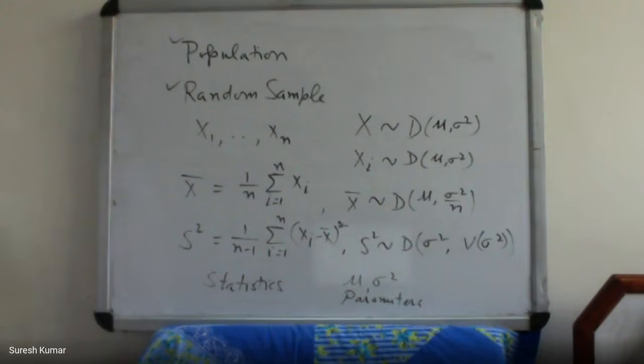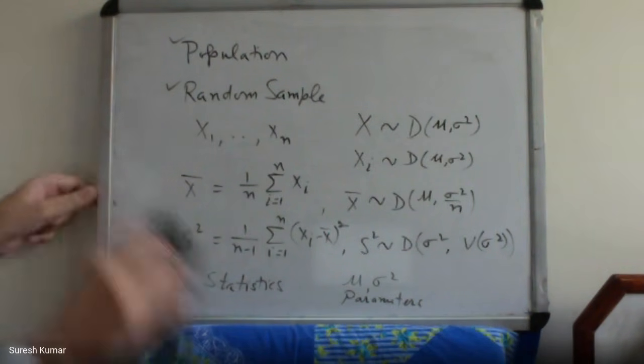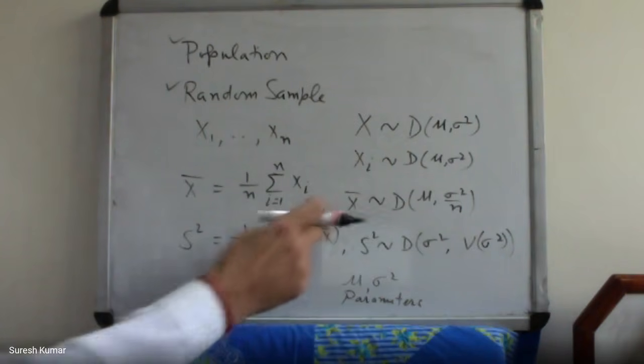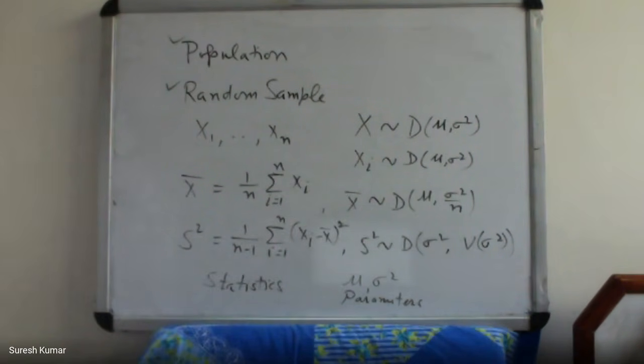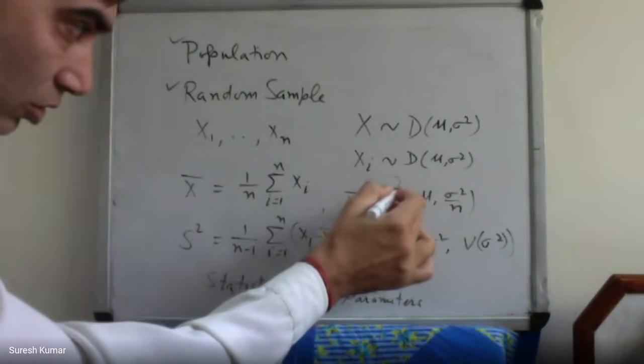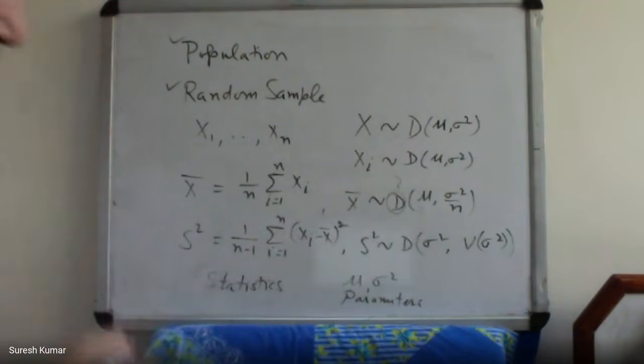Now in today's lecture we will learn about sampling distributions. Here we know that x bar follows a distribution with mean mu and variance sigma square over n. But what is this distribution? What is the nature of this distribution? What is precisely this distribution? That we don't know. Okay. So we will learn about the distribution of x bar and likewise some other important statistics.